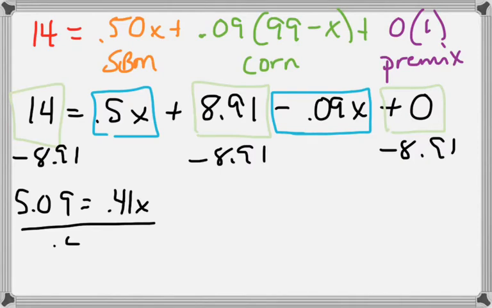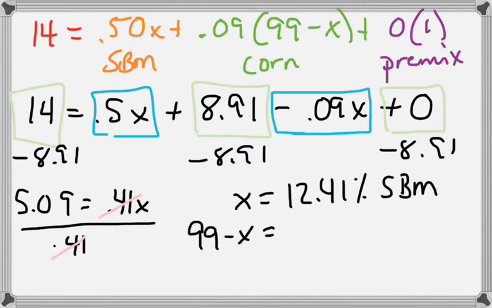Divide both sides by 0.41. And that leaves you with x equaling 12.41% soybean meal.